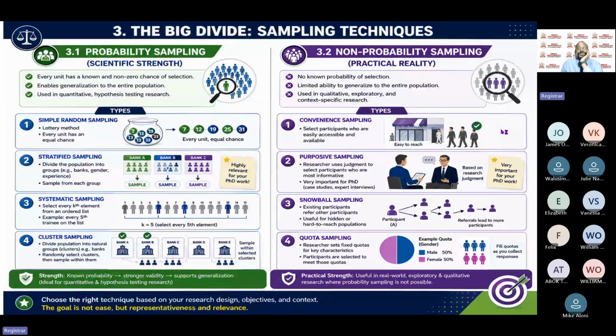All right. So when we talk about non-probabilistic sampling, one is convenience sampling, as I explained to you. As I start from my home at Chira Road, the first 5 banks I get to, that is easy to reach. And purposive sampling: you are going to see certain people, or some graduate trainees, and based on your research judgment, you feel that you need to talk to this person to collect data.